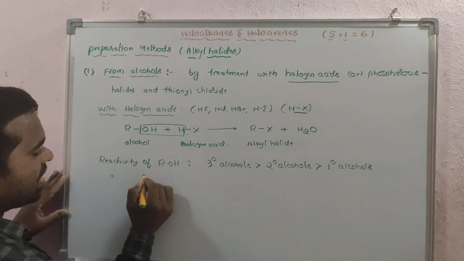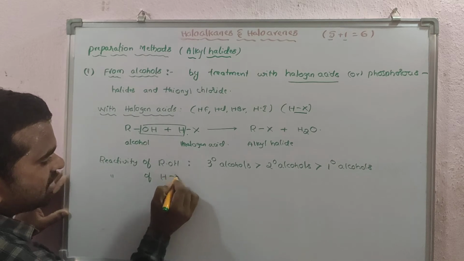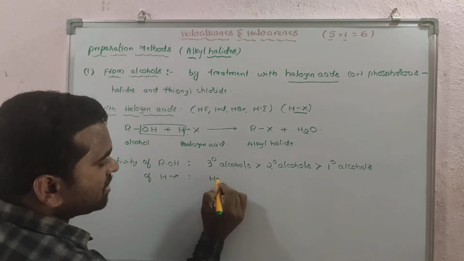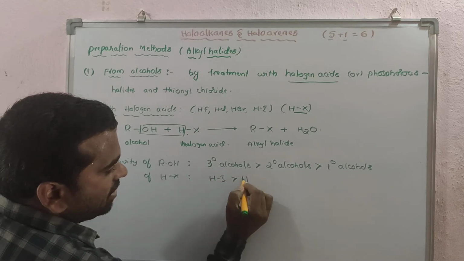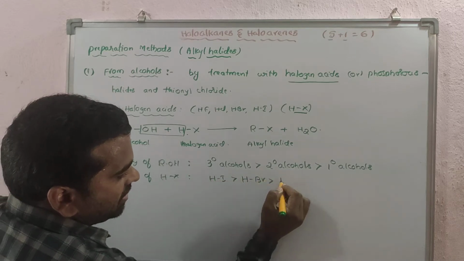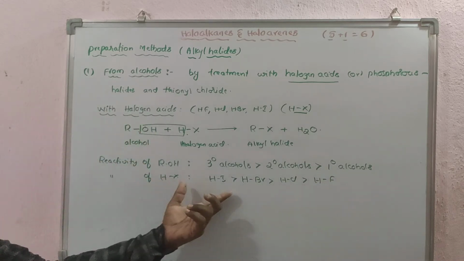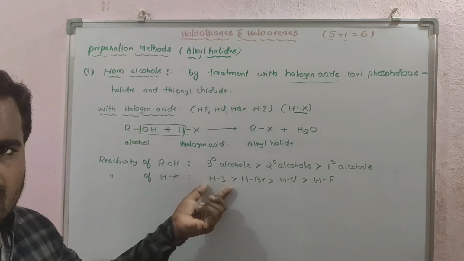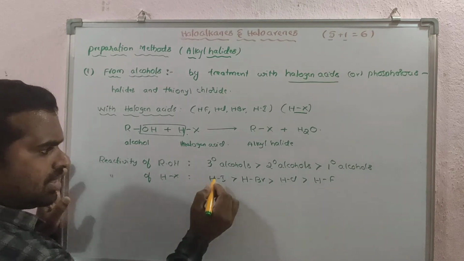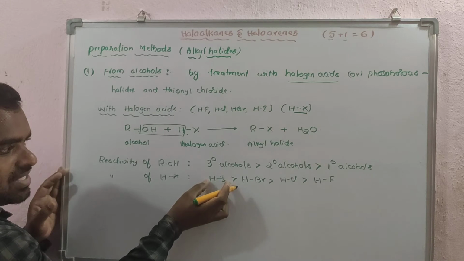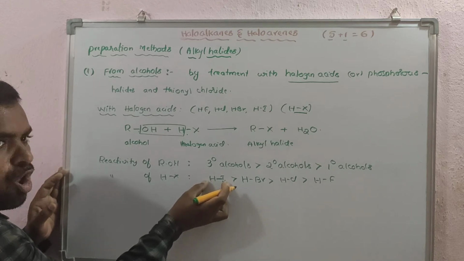And what is the reactivity of HX? HX reactivity order is HI, then HBr, then HCl, and next one is HF. Why is HI more reactive? Because the bond between the hydrogen and iodine atom is longest.